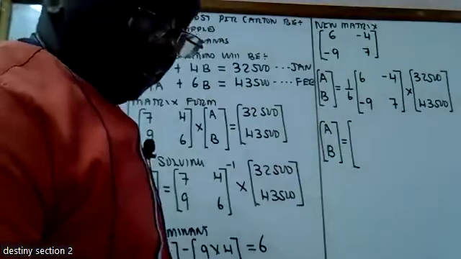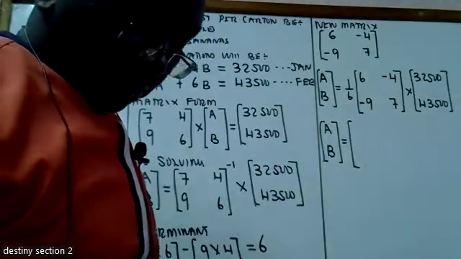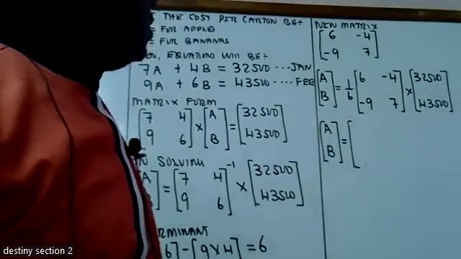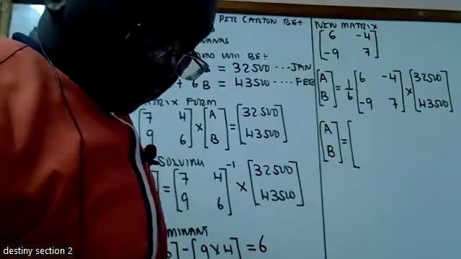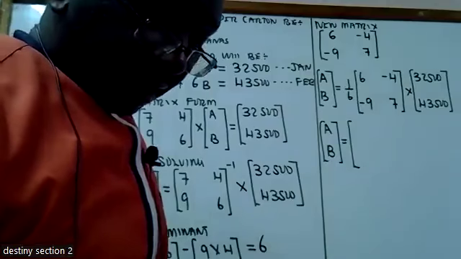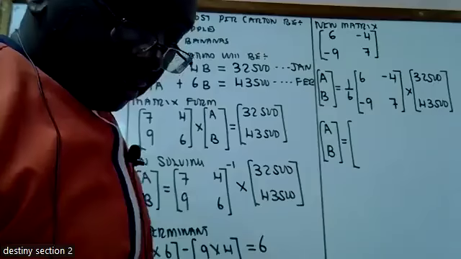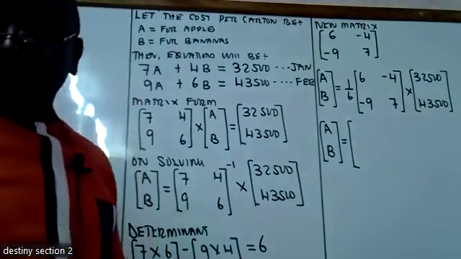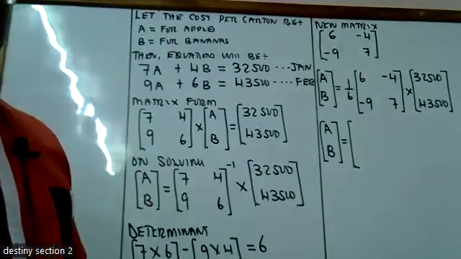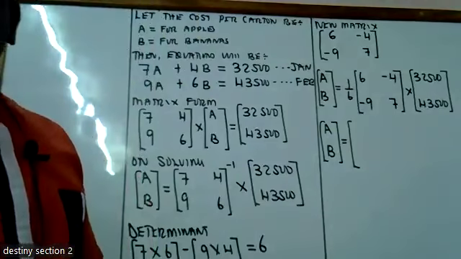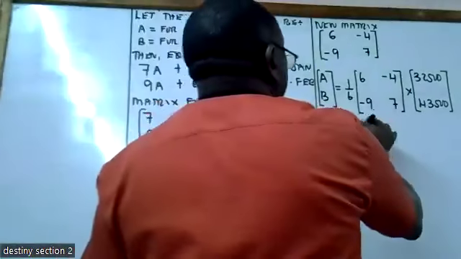Say what? 6 times 2,500 plus minus 4 times 43,500 equals. You divide by 6. Send me the answer. Good, 3,500.